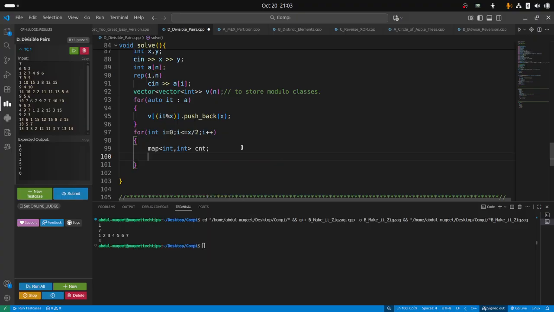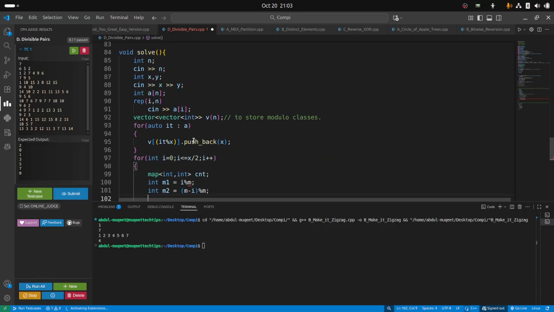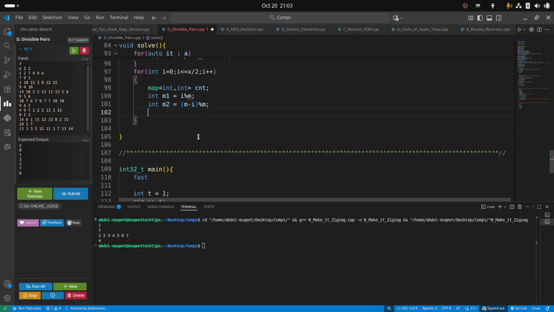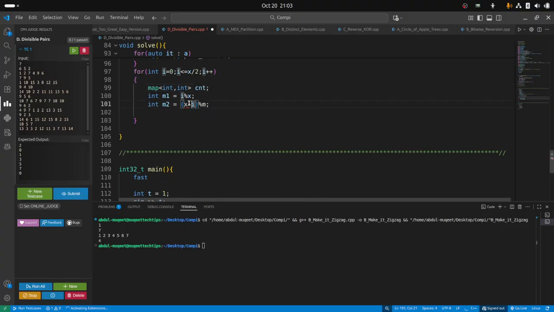In M1 and M2, I need to see. I'm taking X with this thing. Actually, it is i modulo X, and then this is X minus i modulo X.